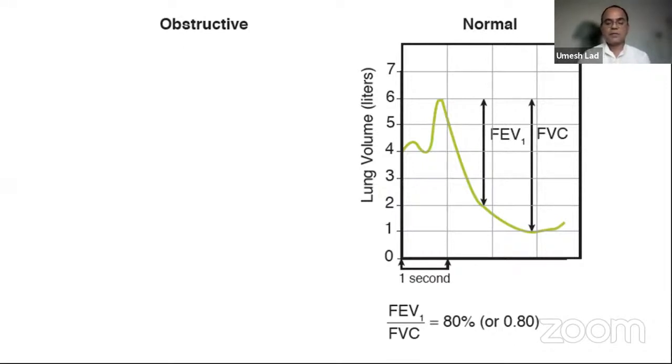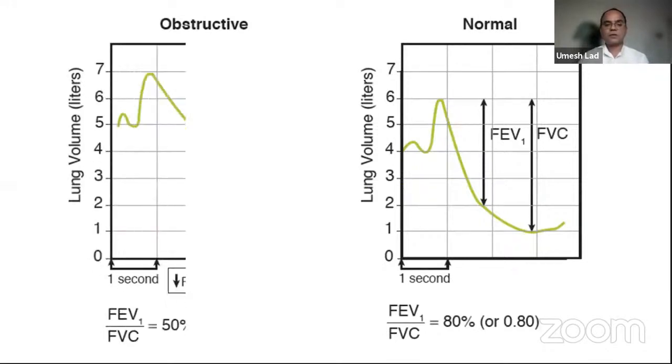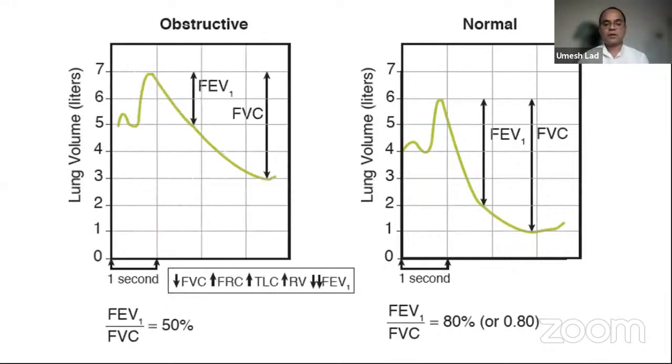But if a person is having an obstructive lung disorder, how will the graph look? Now this is the graph which will be there in a person having obstructive lung disorder. If you compare these two with the normal one, FVC is reduced, residual capacity is increased, total lung capacity might be increased, but the FEV1 is tremendously decreased.